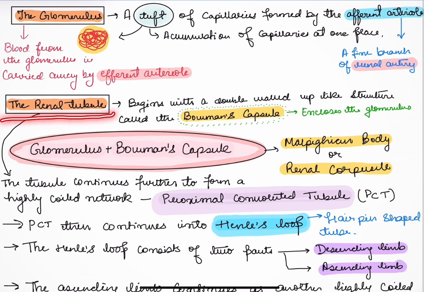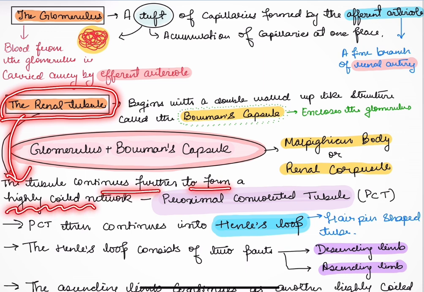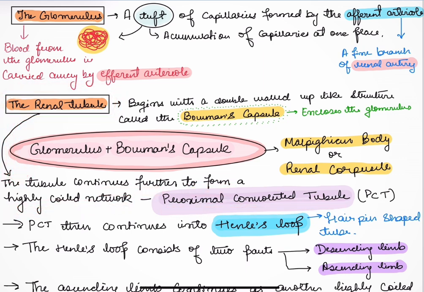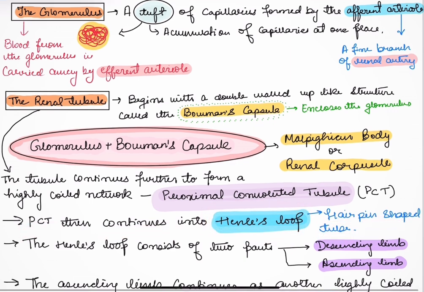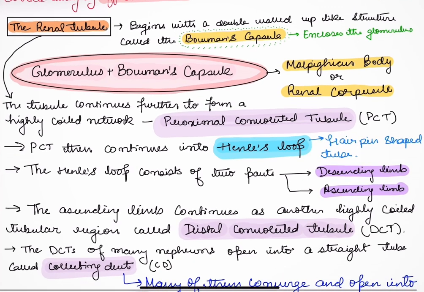These renal tubules further continue to form a very highly coiled network known as the proximal convoluted tubule or the PCT. And further, this PCT continues into Henle's loop, which is a hairpin shaped tube. Now, the Henle's loop consists of two parts.